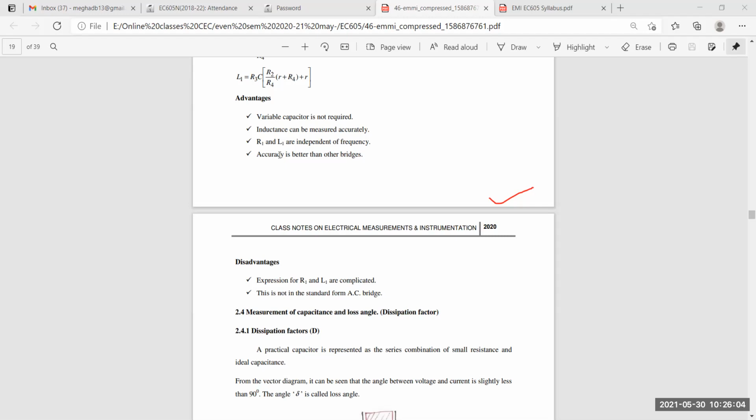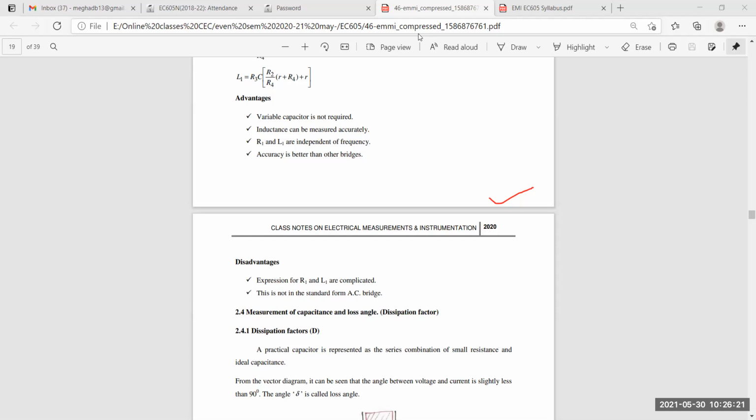The expressions for R1 and L1 are a bit complicated. So if anybody asks you to find out self-inductance, you will prefer the Maxwell inductance bridge because it is a bit simpler as compared to Anderson.